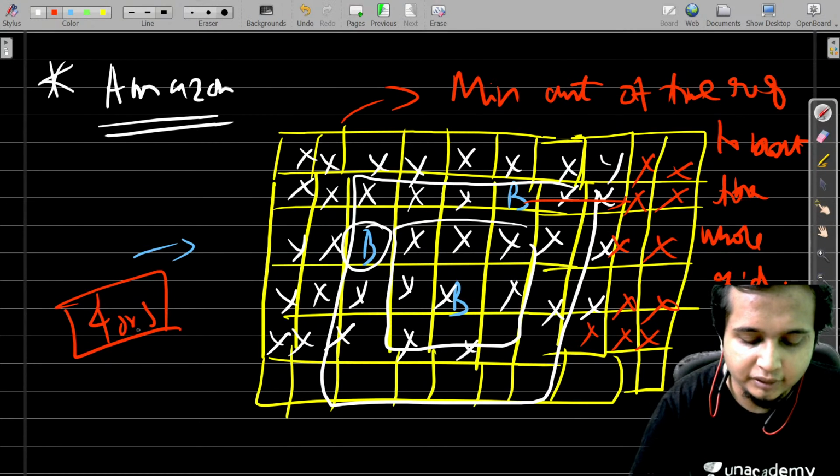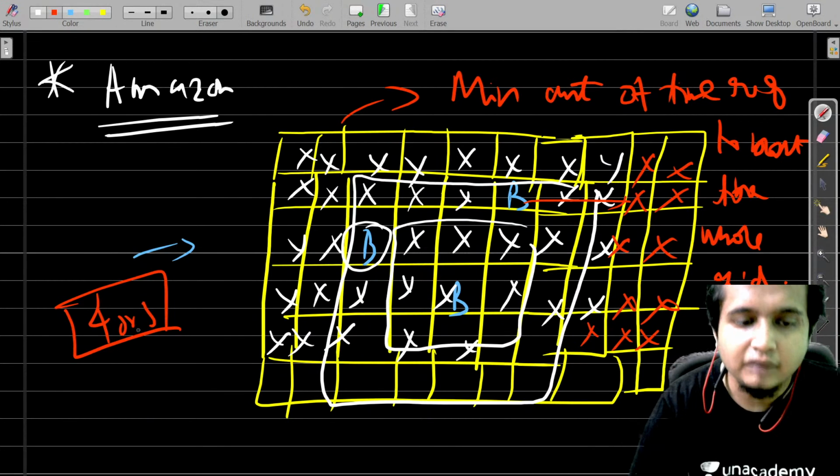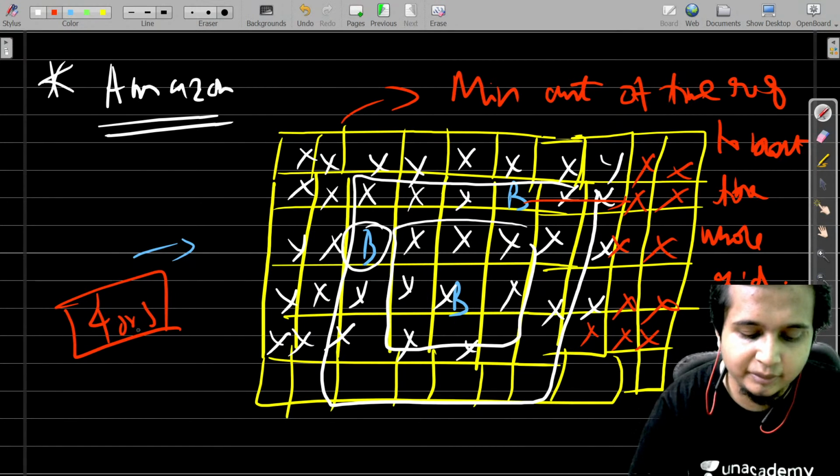And keep track of how many cells. Check it. What do you mean by last cell is removed from the queue?